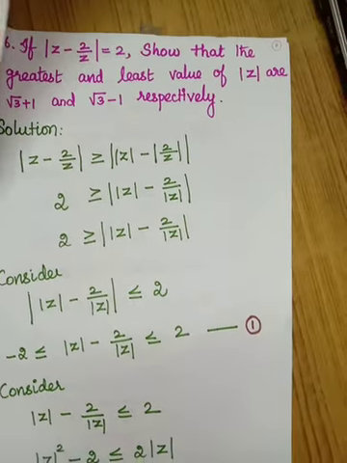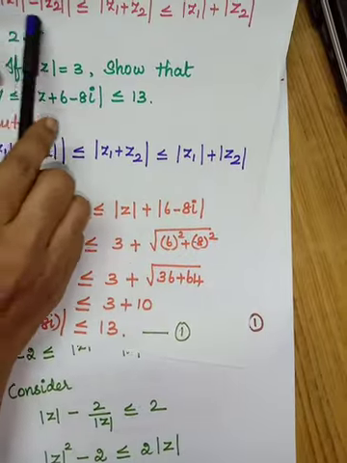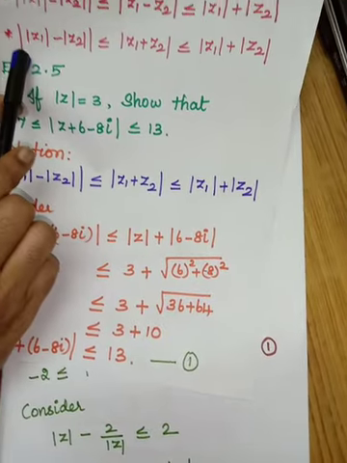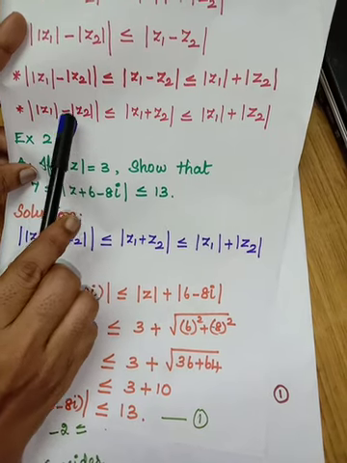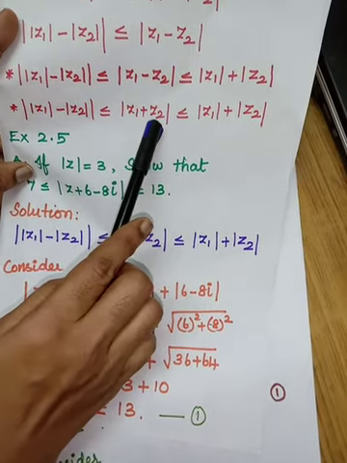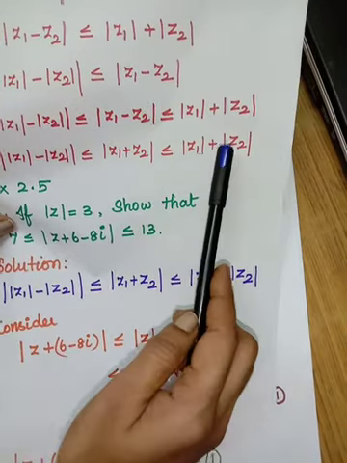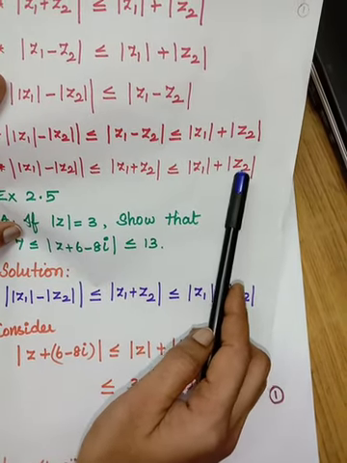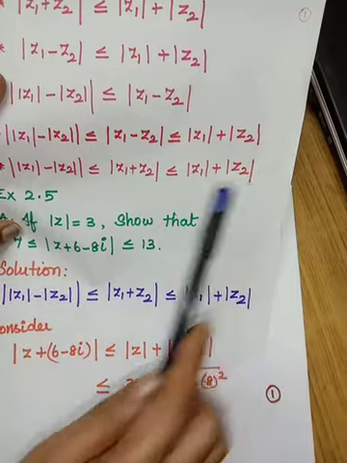So consider the formula, the same formula we have taken. What is it? Modulus of z1 minus modulus of z2 is less than or equal to modulus of z1 plus z2 is less than or equal to modulus of z1 plus modulus of z2. The same formula we are going to consider here.